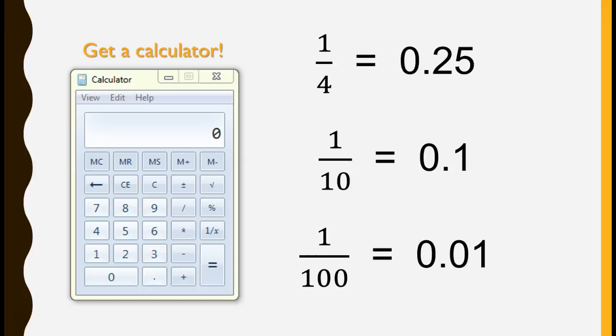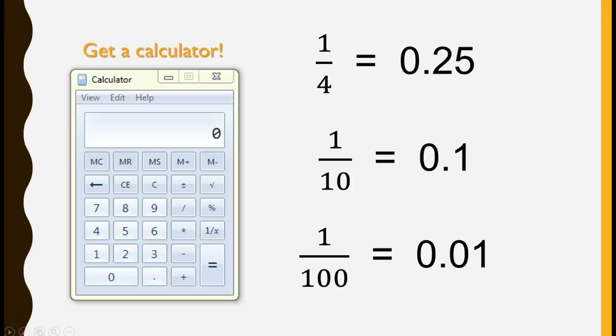The perfect example that I can think of is when you're talking about money. You would never say or write that you have 1 1/4 dollar. You would use that decimal and you would say $1.25. So sometimes you're going to want to use fractions to talk about parts, and sometimes you're going to want to use decimals. But they are related and they represent the same thing.